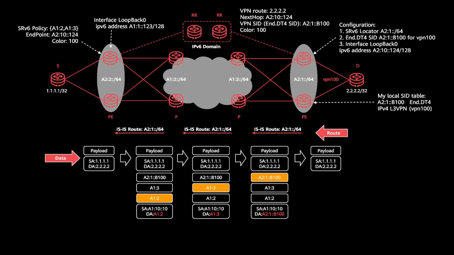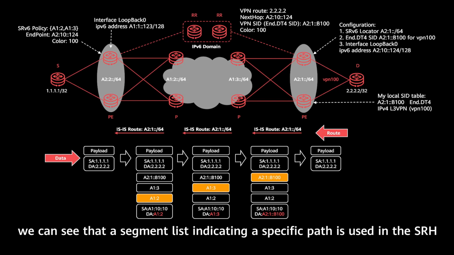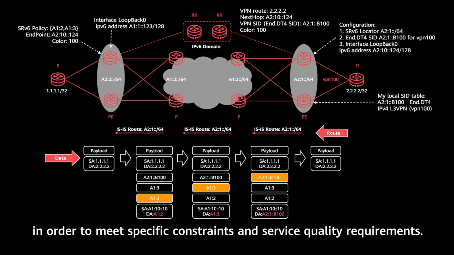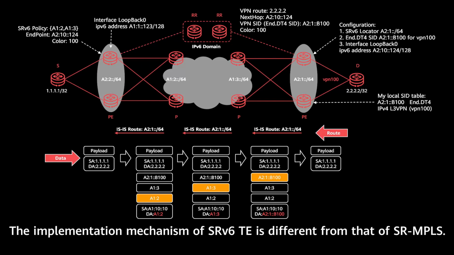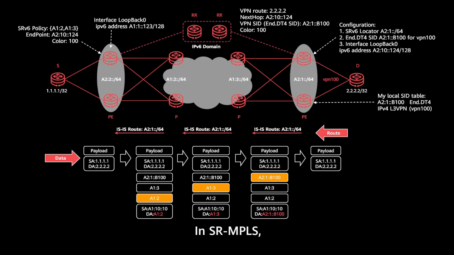From this process, we can see that a segment list indicates a specific path used in the SRH in order to meet specific constraints and service quality requirements. The implementation mechanism of SRv6 TE is different from that of SR-MPLS. In SR-MPLS, the top label is removed each time the packet arrives at the specified node.